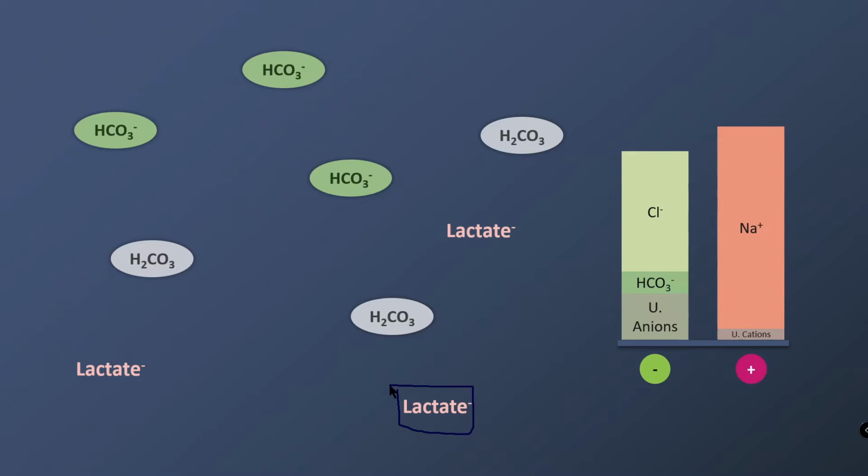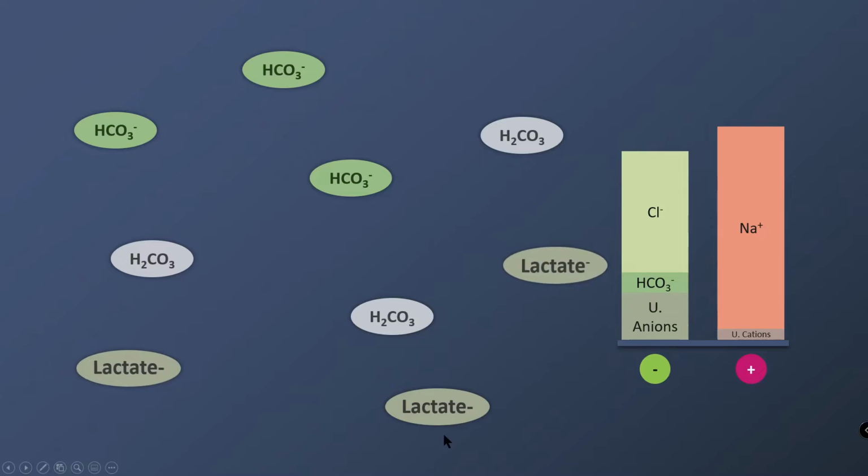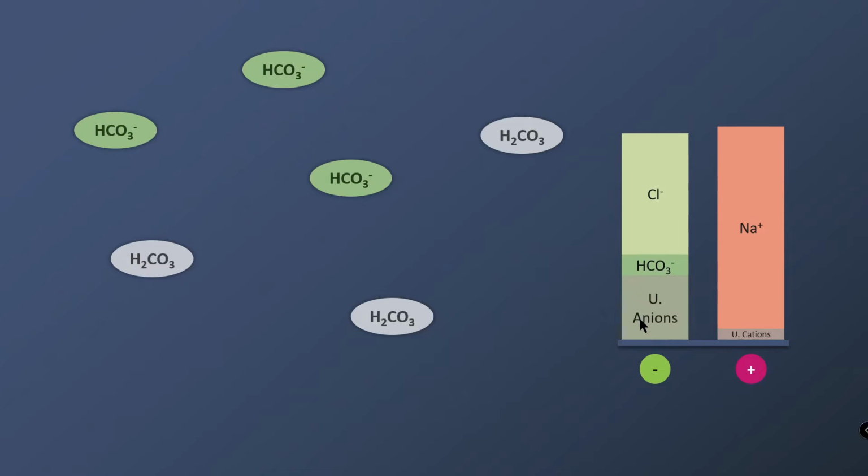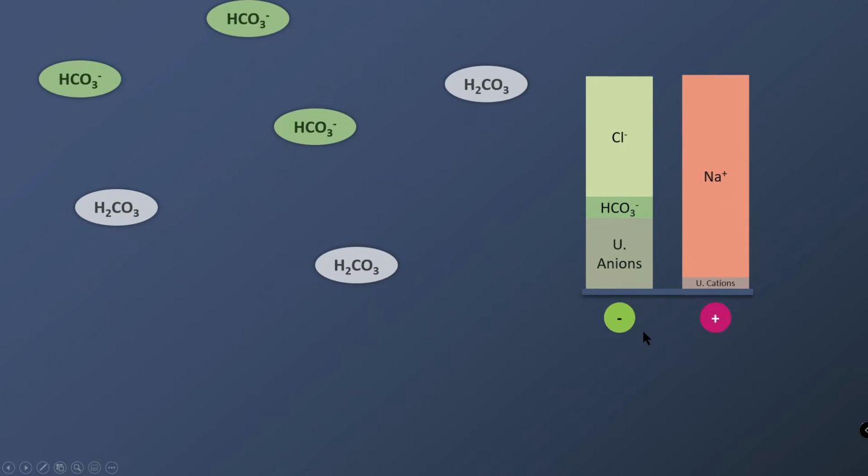Do we routinely measure lactate? No. So lactate is an unmeasured anion. So lactate is there to increase unmeasured anions, right? Yes, to increase the negativity, and these unmeasured anions are increasing the negativity.